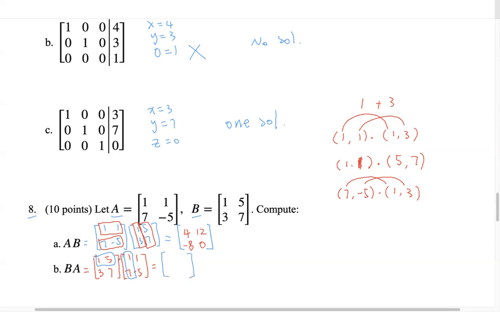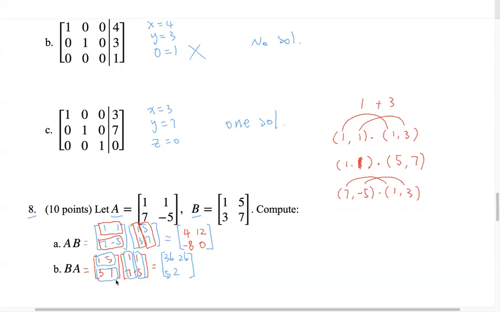So 1 times 1, 1, 5 times 7, 35, 35 plus 1, 36. Then we dot product with this one. 1 times 1, 1, 5 times 5, 25, 25 plus 1, 26. Then we do 3, 7, dot product 1, 7. 1 times 3, 7 times 7, 49, 49 plus 3, 52.